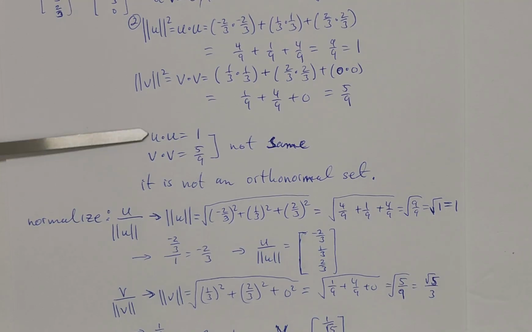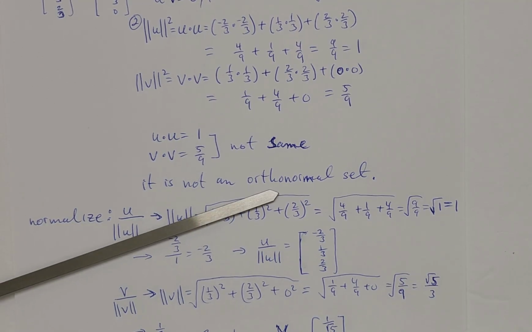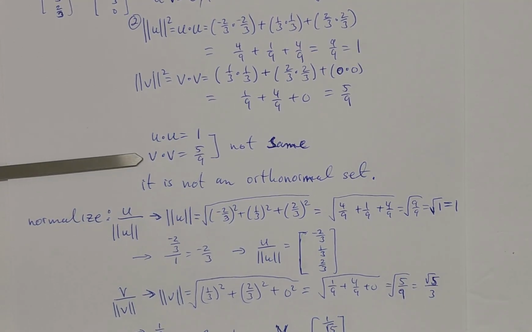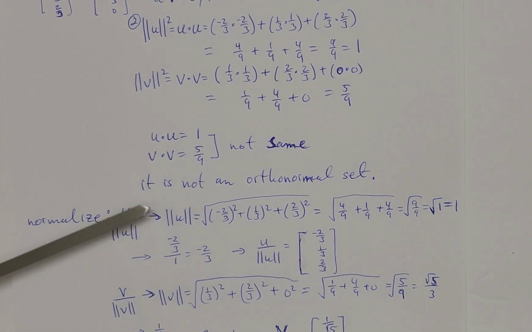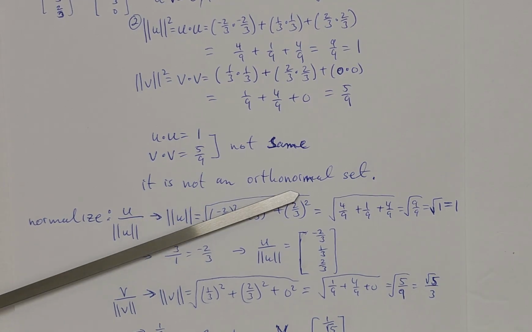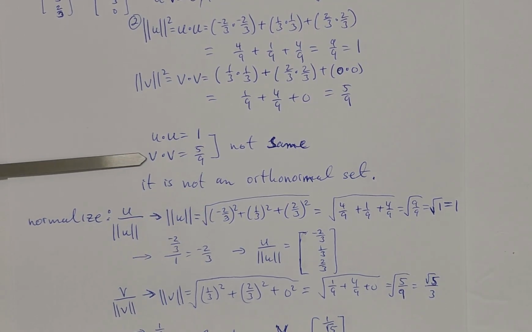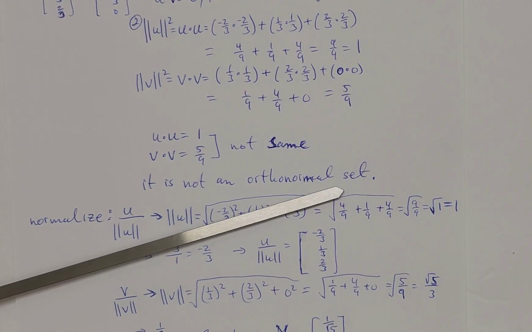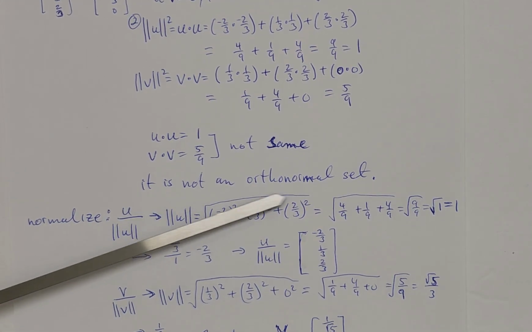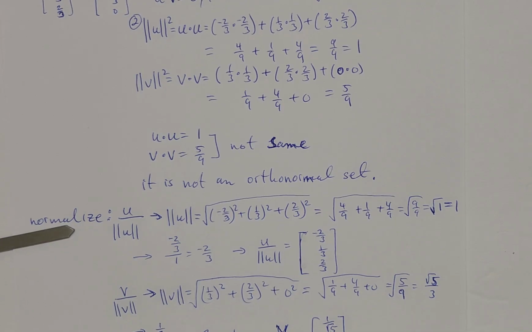If they are not the same, then you have to normalize. If they are the same, then it is orthonormal. Not the same, then it is not orthonormal. And now, because it is not orthonormal, we have to normalize.